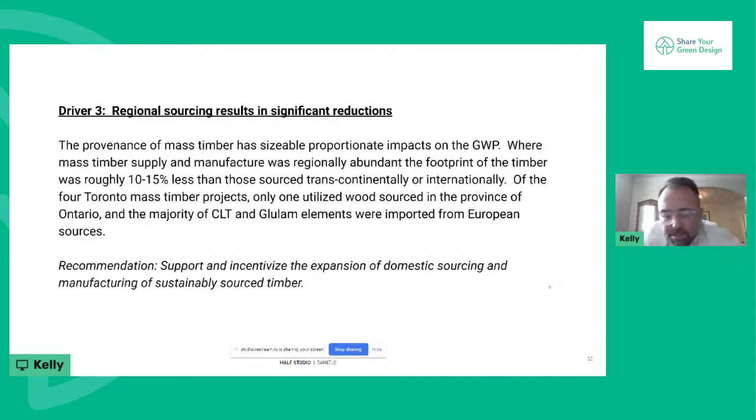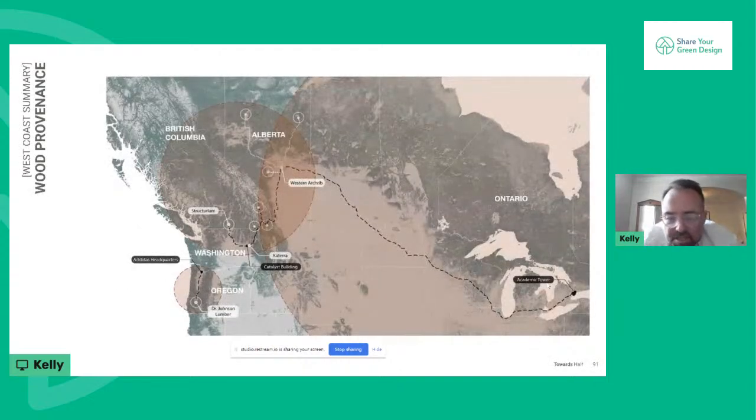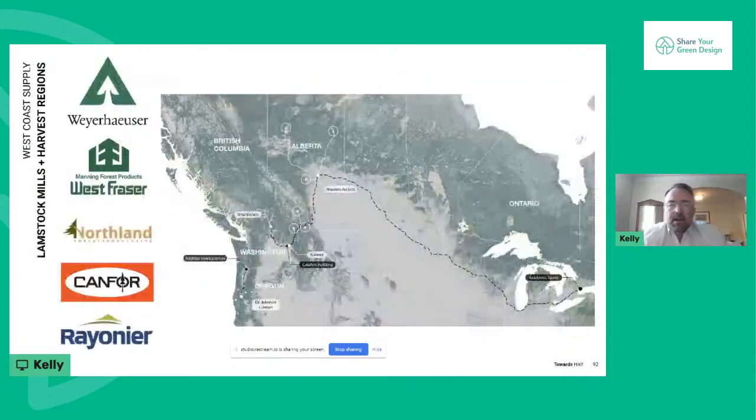A key thing, similar to the bricks I showed you, is that geography with the wood is super important. So understanding where that wood is cut and dried, just like that brick, is critical. A tree is not a tree. Some of the projects that we had here, the one from Toronto, was sourced from the middle of Alberta, and the one built in Washington State had glulam beams coming from as far north as Edmonton, as compared to the project in Oregon that was completely sourced and manufactured in state.